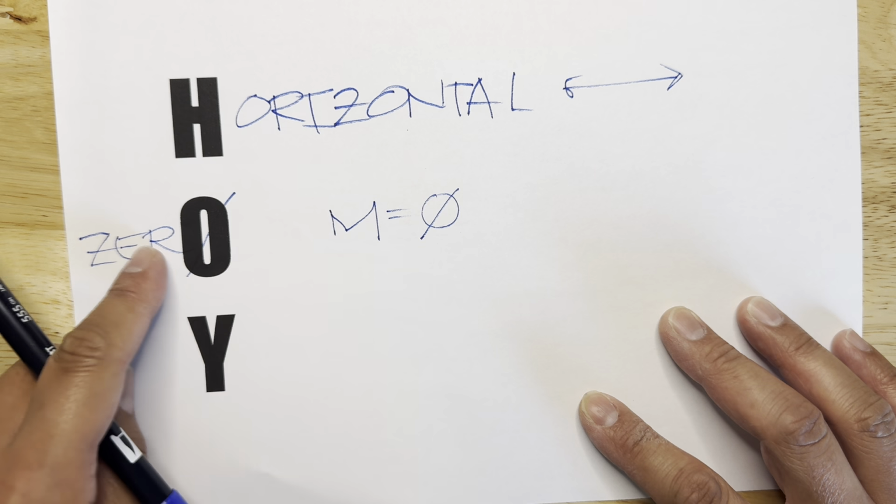The O really isn't an O. It is for 0, the number 0. So that means your slope, m, equals 0. M stands for slope. So O is 0 slope.